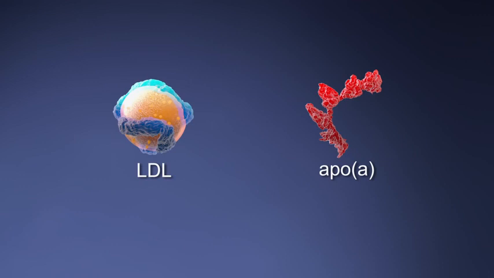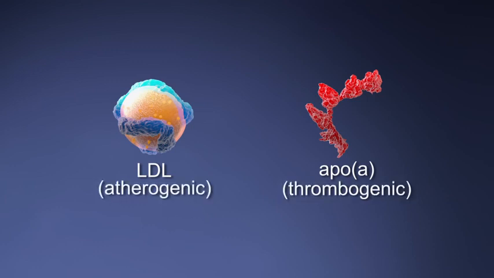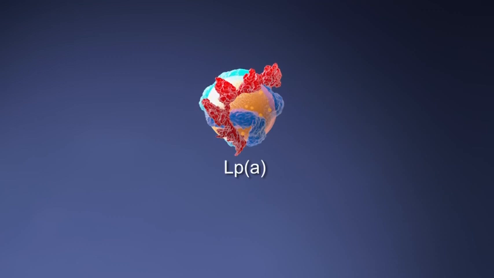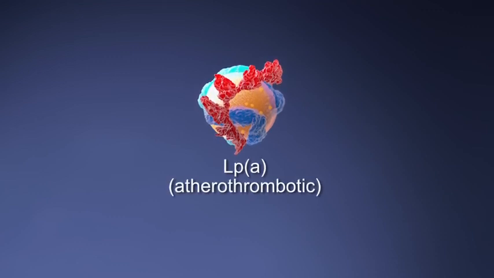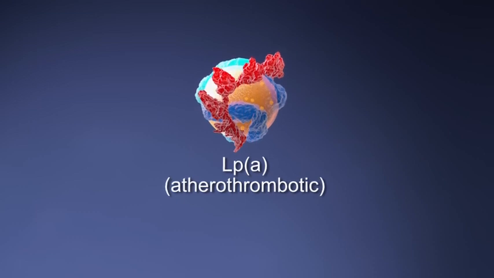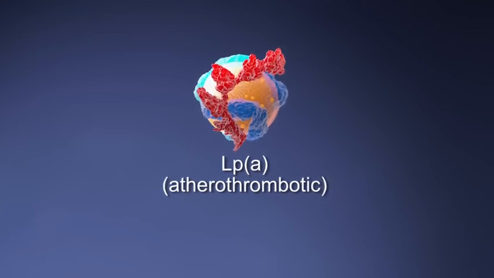Thus, the combination of an LDL particle and apo a is particularly dangerous, as it combines the atherogenic risk of LDL with the thrombogenic risk of apo a. In other words, lipoprotein a can be described as an atherothrombotic particle because it combines the cardiovascular risk from each of its components.